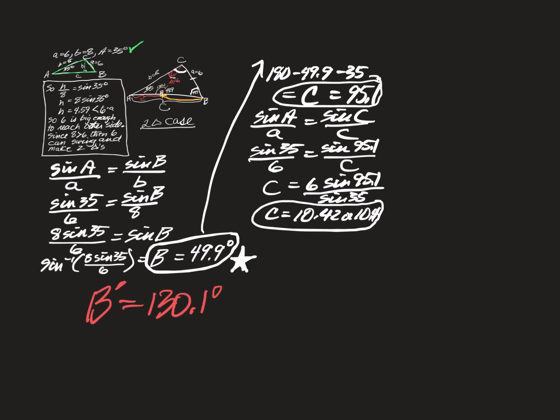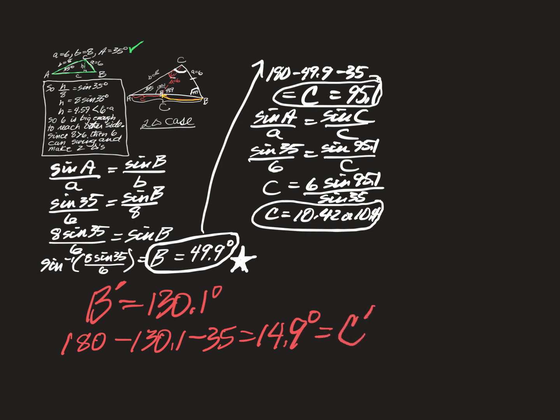And we can just do that by doing 180 minus 130.1 minus the 35 degrees, which will give us 14.9 degrees. And that will equal C prime.